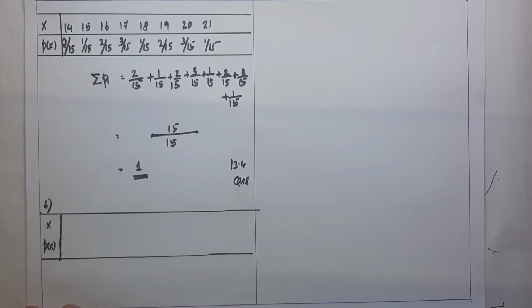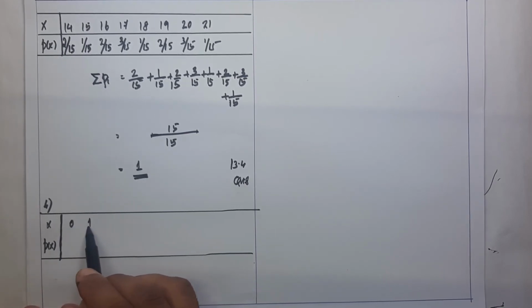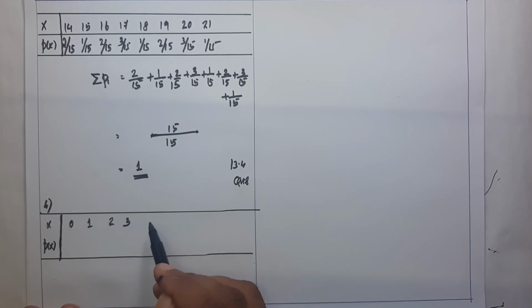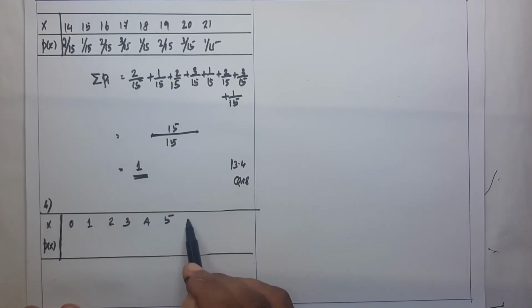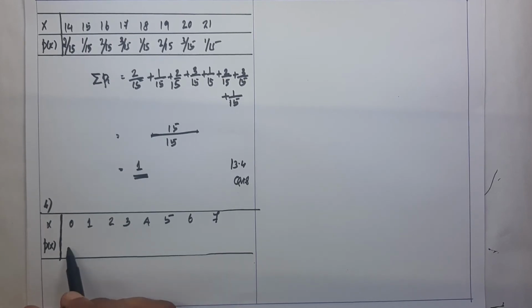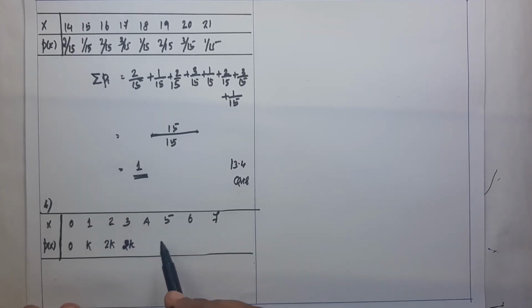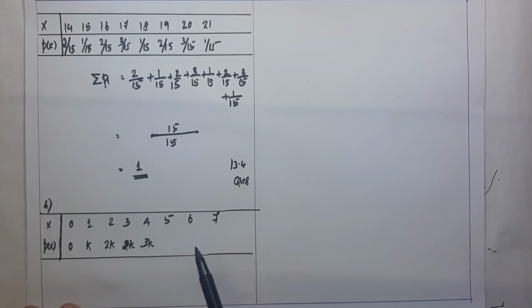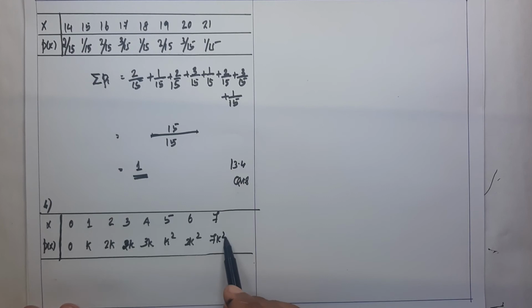Here x takes the values 0, 1, 2, 3, 4, 5, 6 and 7, and their corresponding probabilities are 0, k, 2k, 2k, 3k, k square, 2k square, and lastly 7k square plus k.